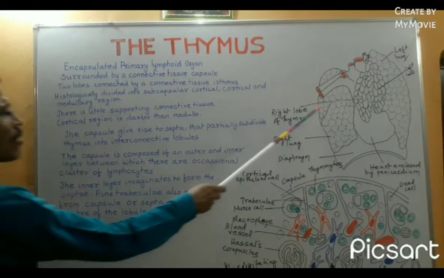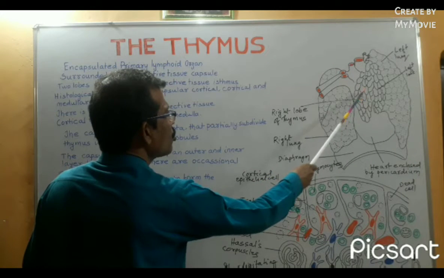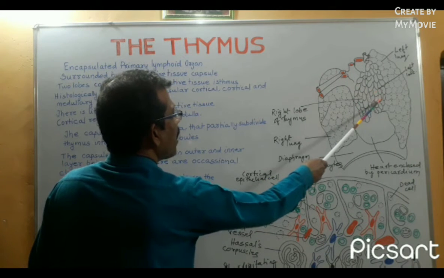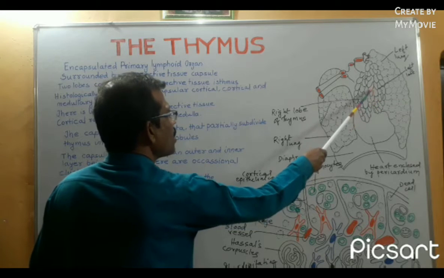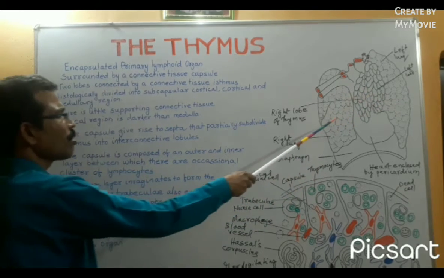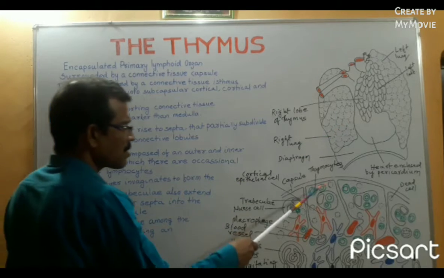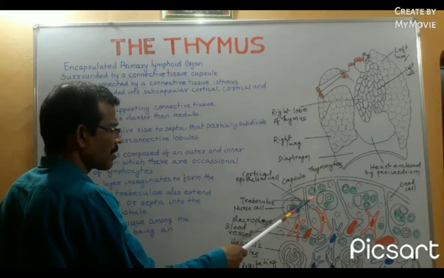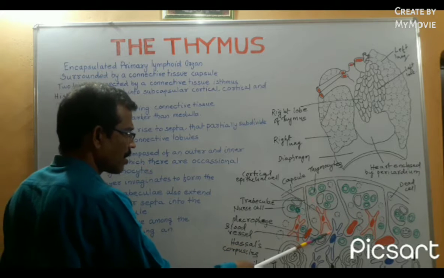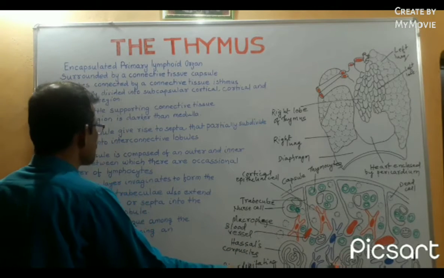And the two lobes of the thymus are connected at the middle by a connective tissue isthmus. Histologically, thymus is divided into subcapsular cortical region and medullary region.